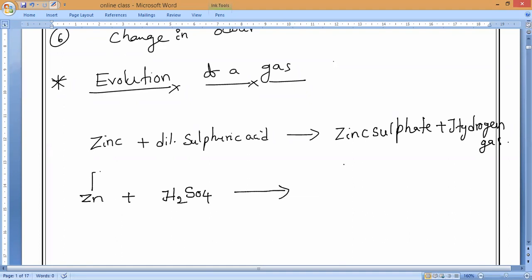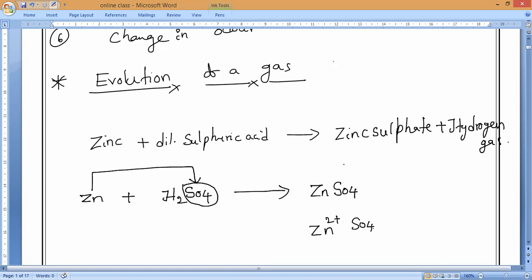So zinc is going to react with the sulfate. Sulfate is a polyatomic ion, yes or no? So what is the zinc valency? Zinc valency is 2 plus.